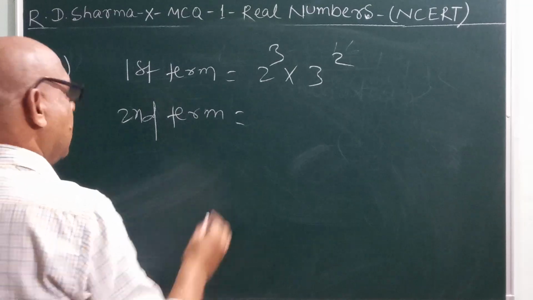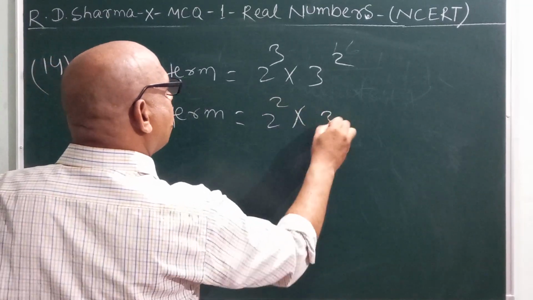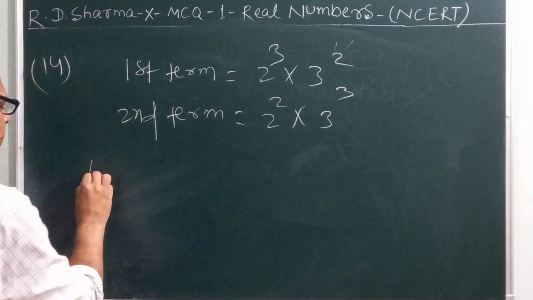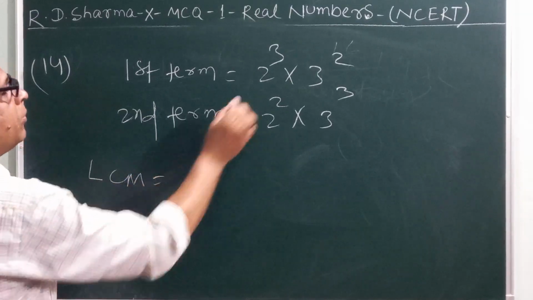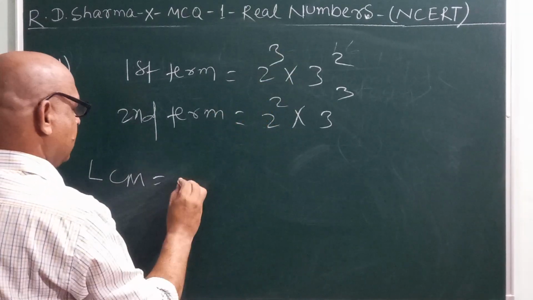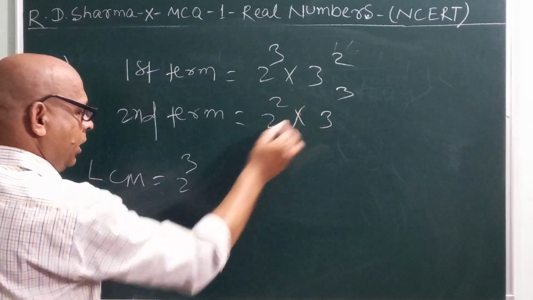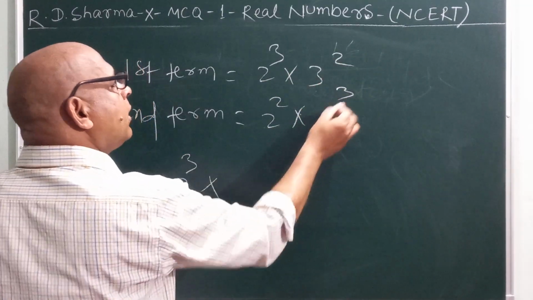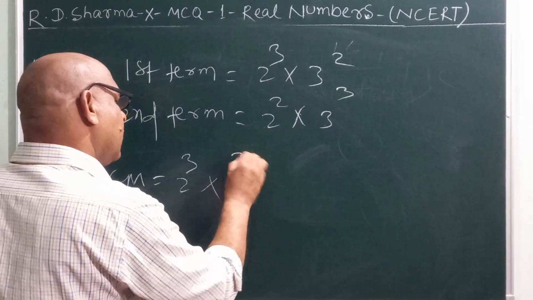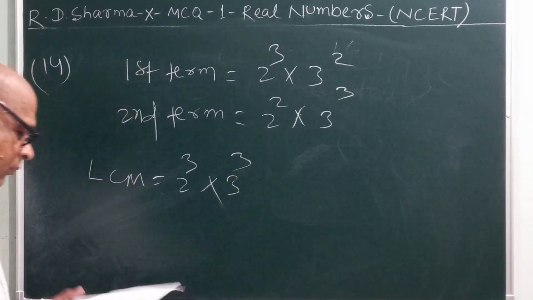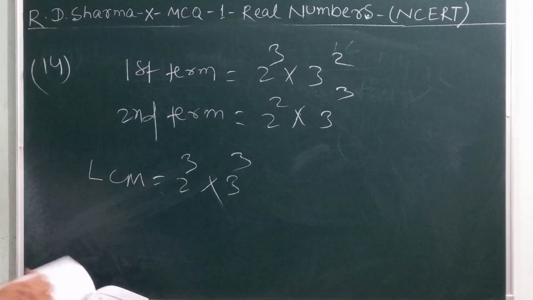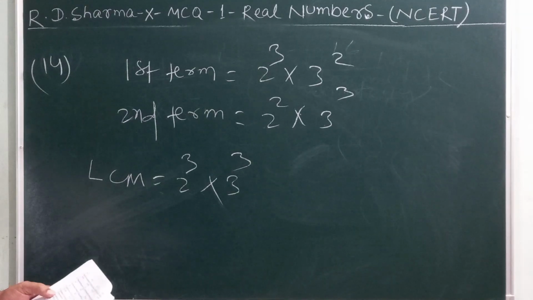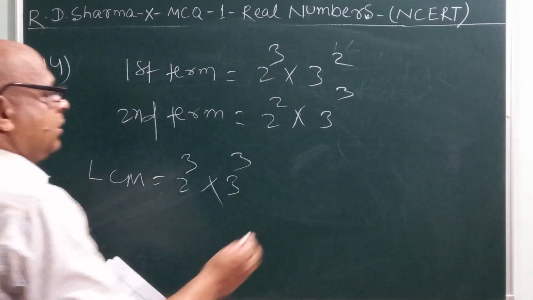For the LCM we take the greater power: for 2 the greater power is 3, and for 3 the greater power is 3. So the LCM is 2 cube into 3 cube. C is the right answer, C.